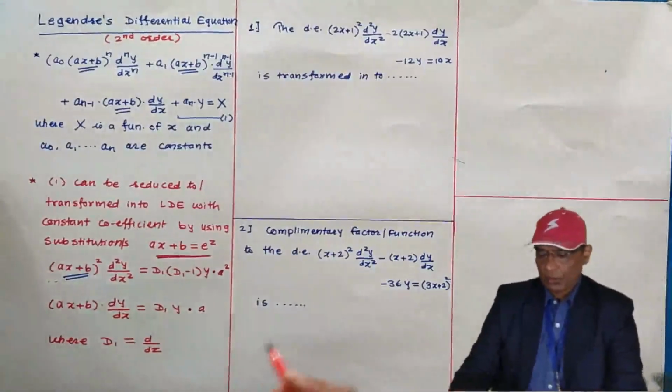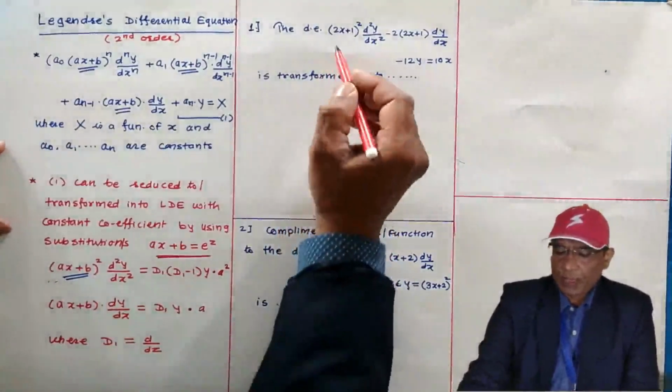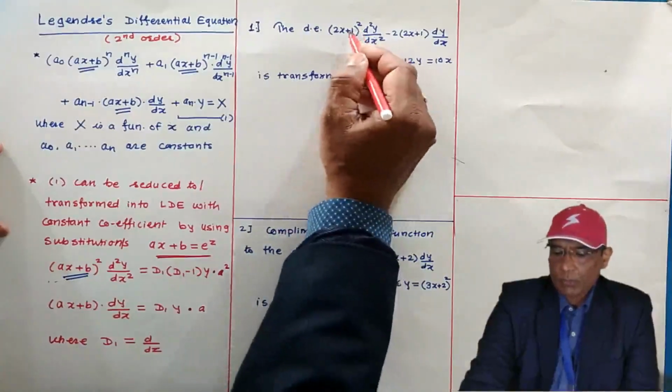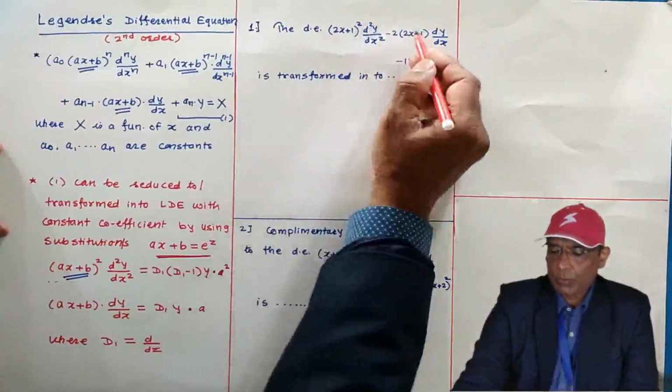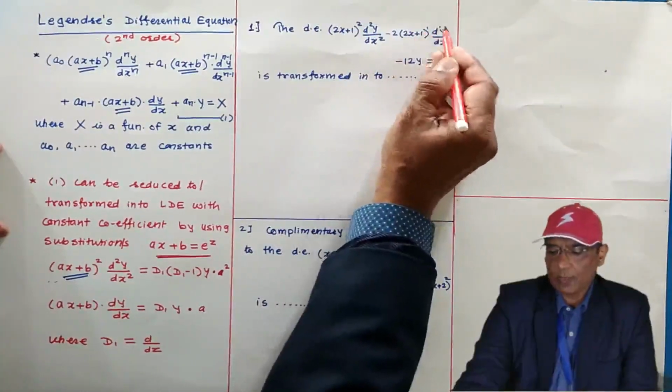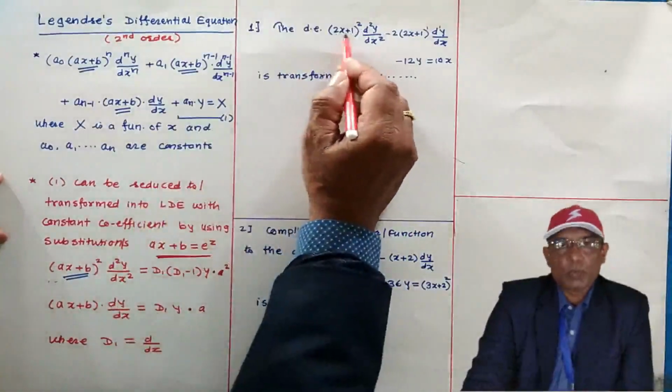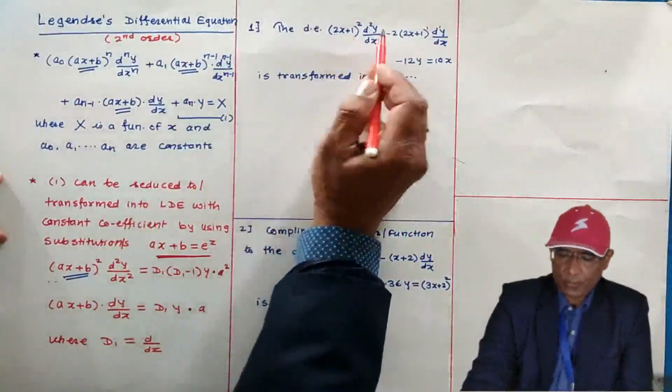Now, only two sums we are going to discuss. 2x plus 1: power of 2x plus 1 is 2, power of d is 2, power of 2x plus 1 is 1, power of d is 1. This is Legendre's equation. In Cauchy's, this 2x plus 1 was replaced by x only, that's all.